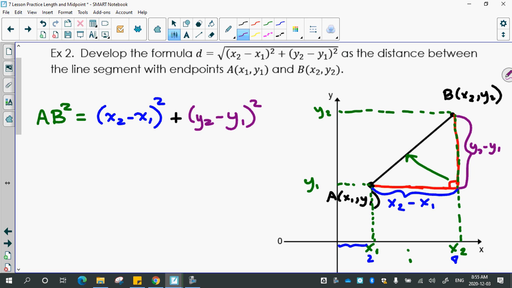So that just follows the Pythagorean theorem. Does everyone see that? And then to get this by itself, so it doesn't have the square anymore, you square root both sides. So this is going to have a big, long square root sign over top of it.